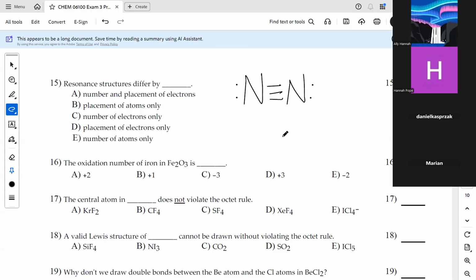Okay. Resonance structures. We've looked at these, and we had to make some decisions when we were doing our Lewis structures as to whether we needed to create a double bond. We could create what are called resonance structures, which, if you remember, are incorrect representations of a molecule.